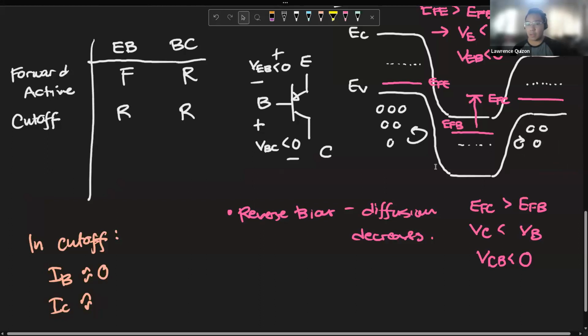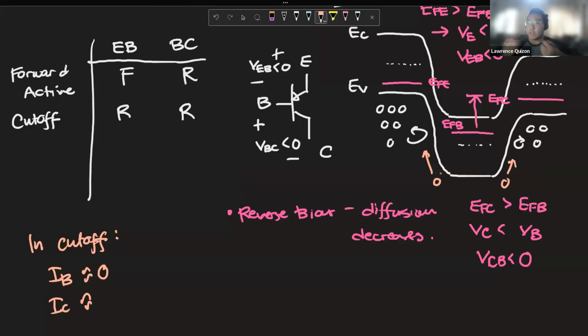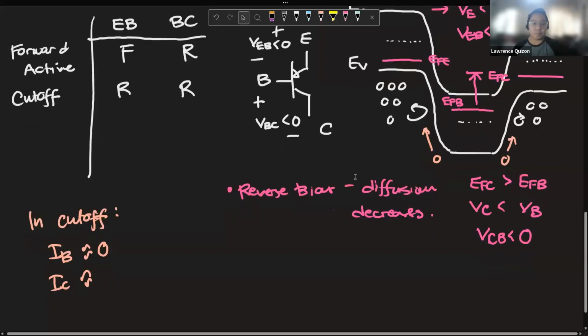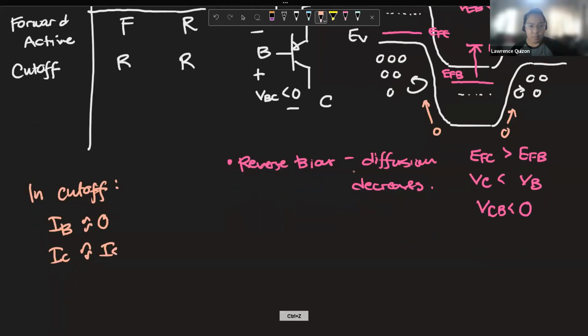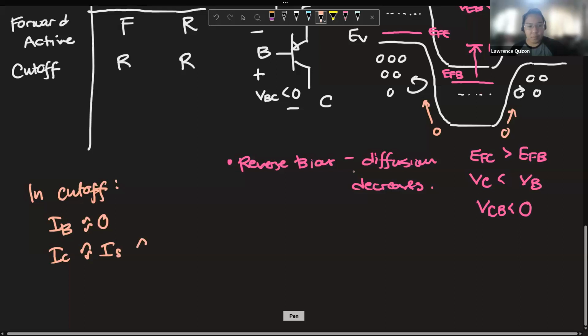Because the current you get here is the current from drift, from the reverse bias PN junctions. So this would be IS, which also would be IE approximately.